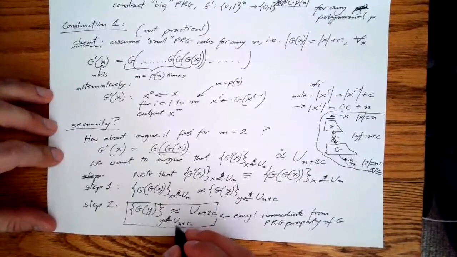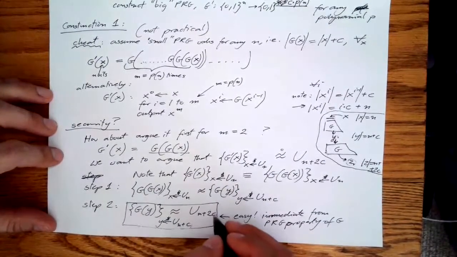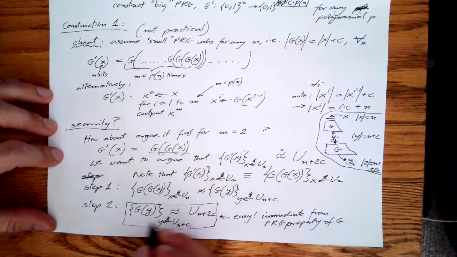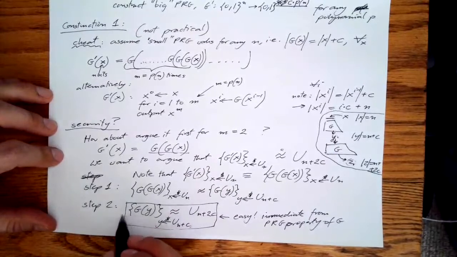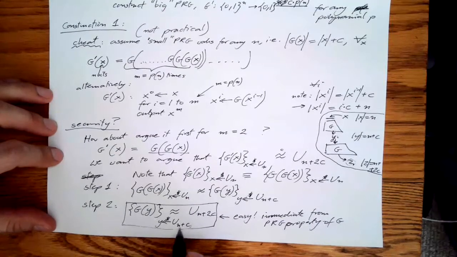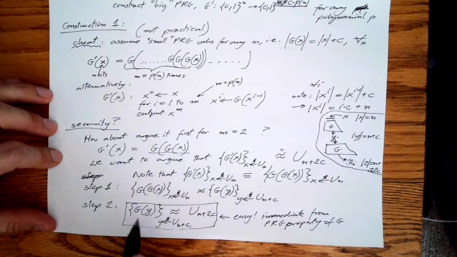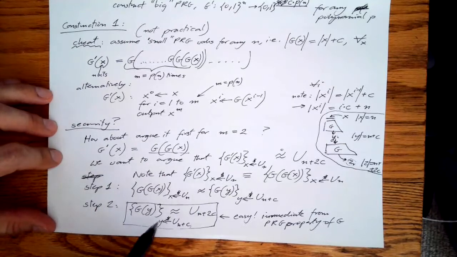If I call n plus c the new n, then I'm looking at the outputs of G on new n-bit strings, which are fully random, and it's by security of a PRG that the result is indistinguishable from a true uniform string of the appropriate size. So this is immediate from the fact that G is a PRG. Good.